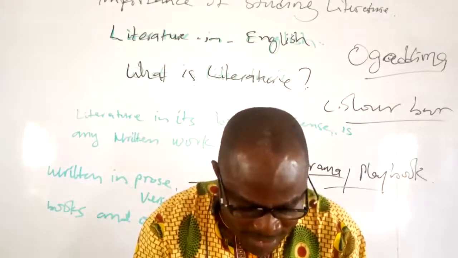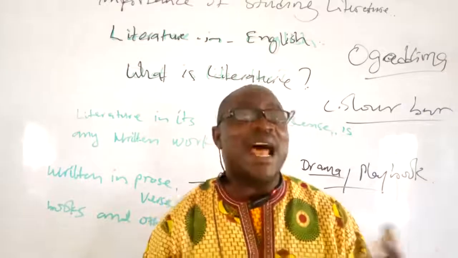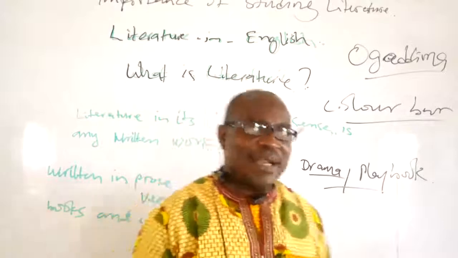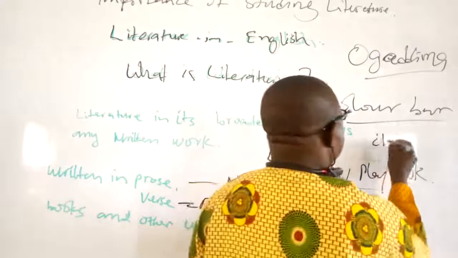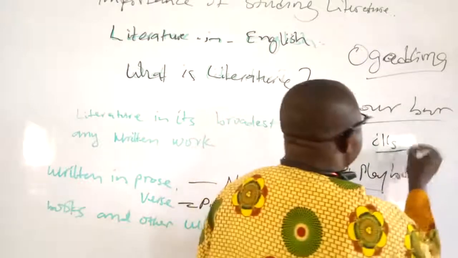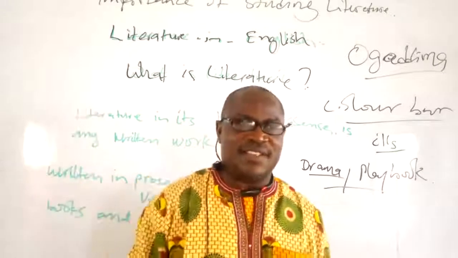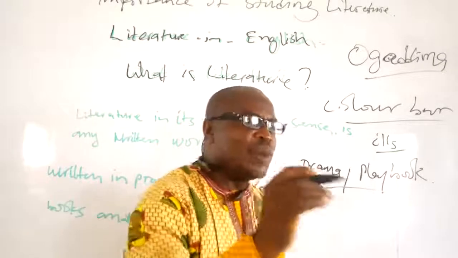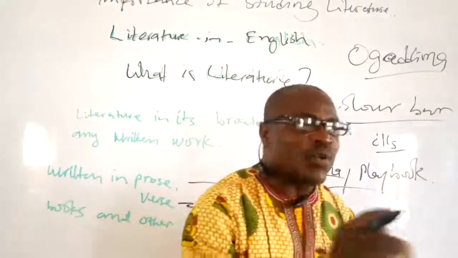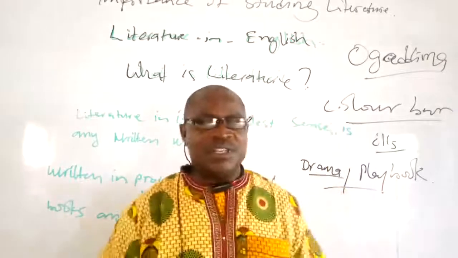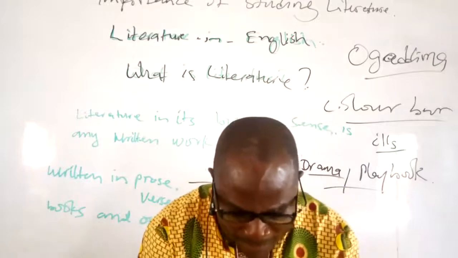And again, literature helps young people to live better lives. That is, by literature, you can correct the ills of the society. What are those ugly things that we see around us? What are those bad things that we see around us? Literature intends to correct all those evils in the society. And again, literature sharpens our mental faculty.